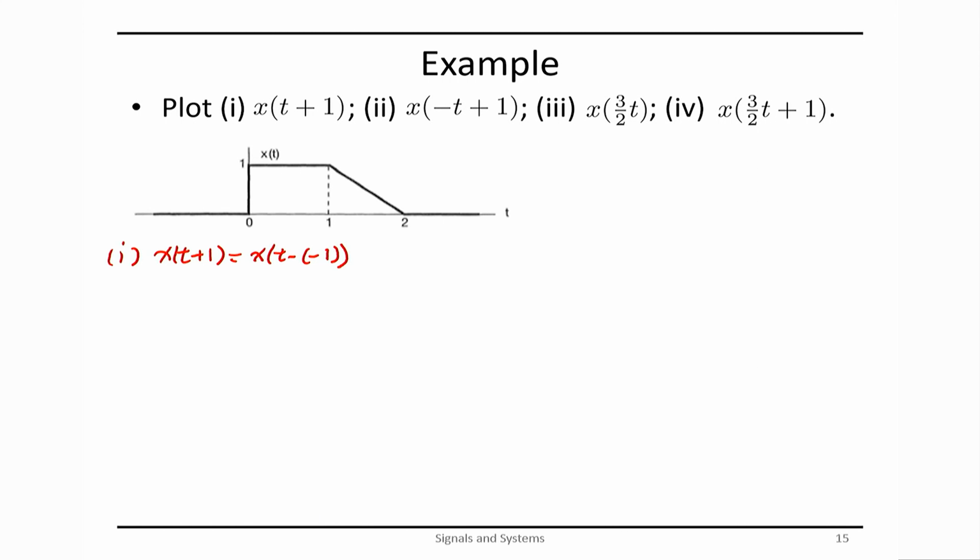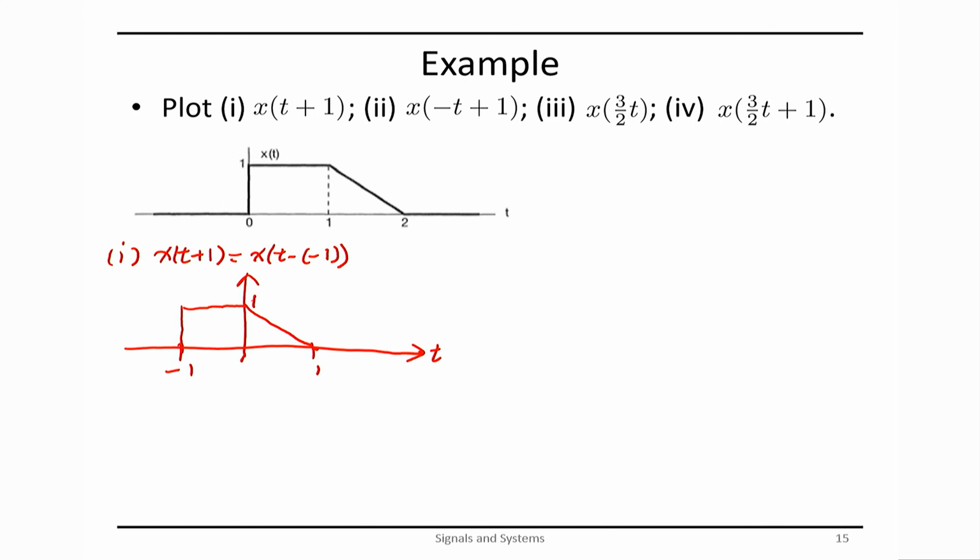So this signal looks like this. So this x of t plus 1 here is equal to this x of t shifted to the left by 1. And you can check if this is correct. So originally, the value x of 0 occurs at time 0. Now, if you look at this function, when would the value x of 0 occur?